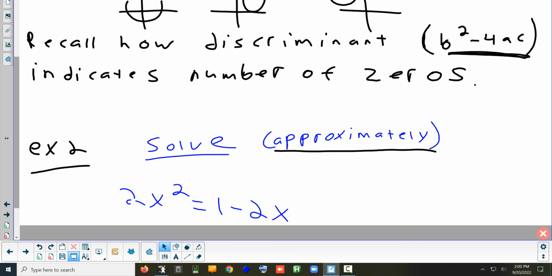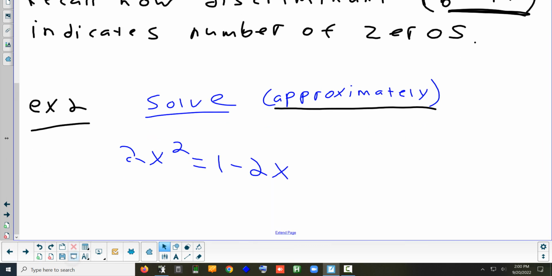It might be new for a lot of you this year. What is that? Calculator. The graphing calculator. So, the graphing calculator is fine if the answer only has to be approximate. What the graphing calculator won't do is give you an exact answer. Only the quadratic formula can do that. So let's solve this approximately using the graphing calculator.